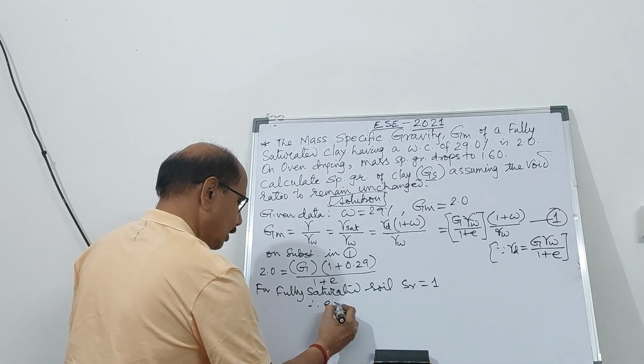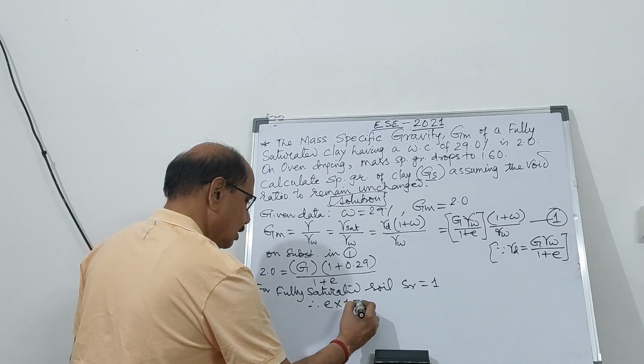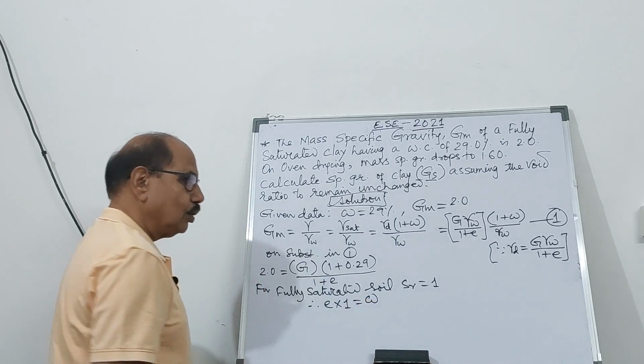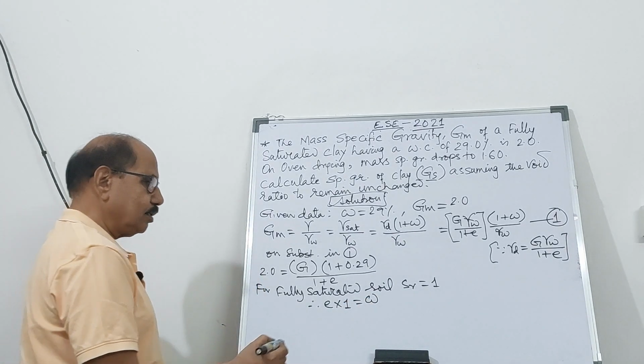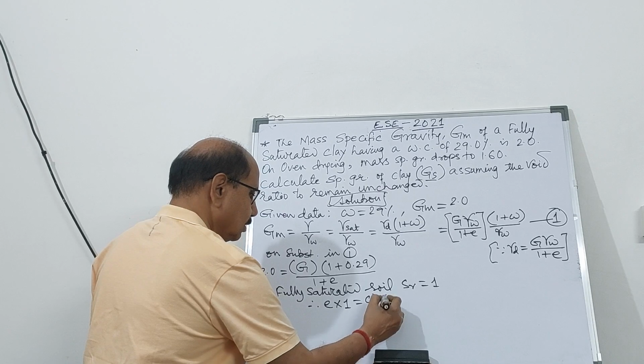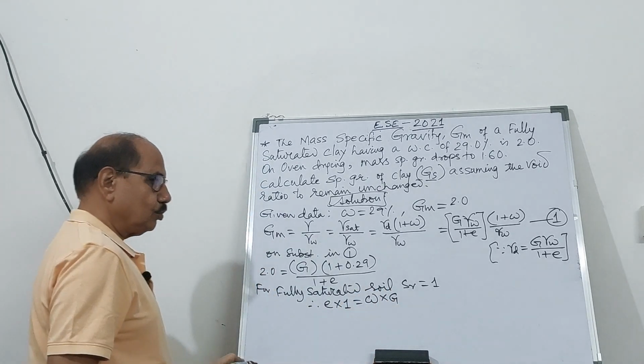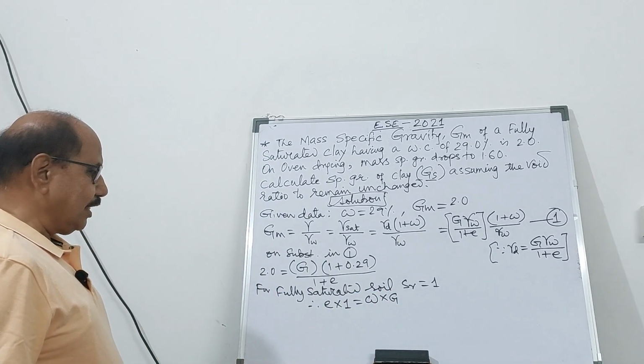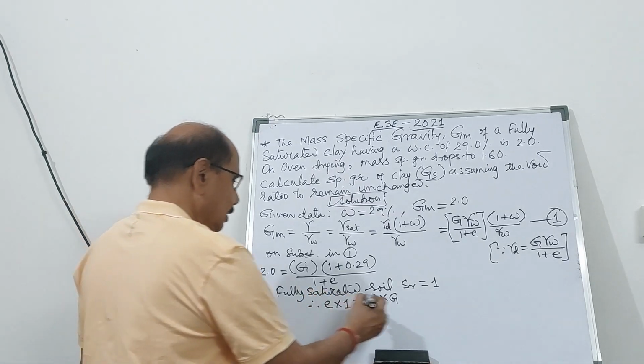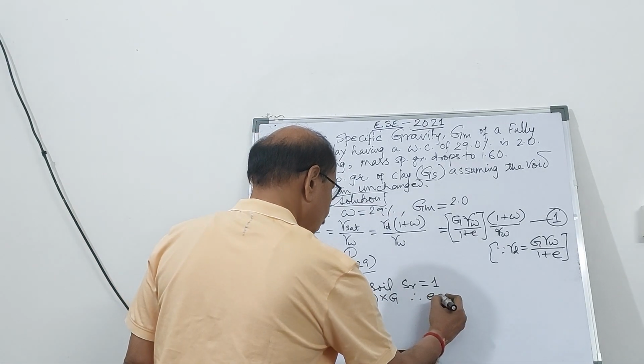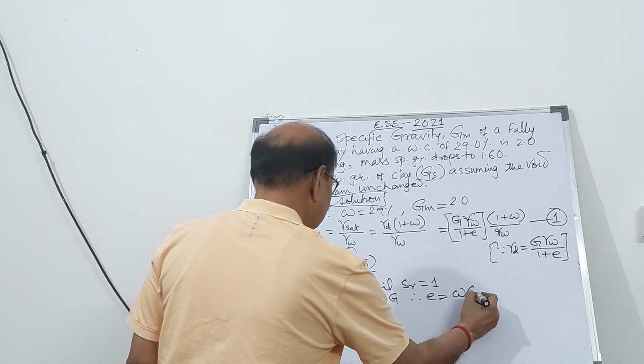Therefore e times S_r must equal w times G, so I can replace e with wG.